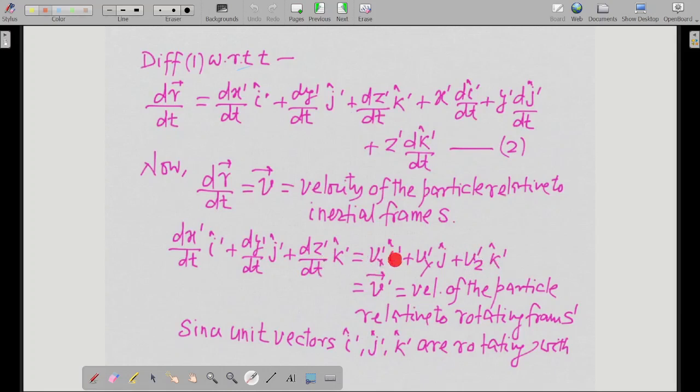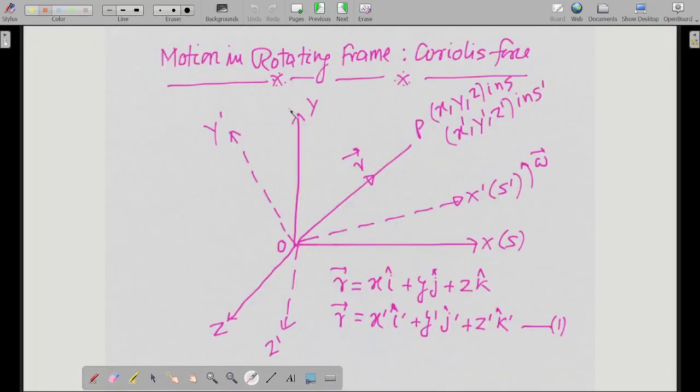Now vx prime i cap, vy prime j cap and vz prime k cap together make the v prime vector, that is, the velocity of the particle relative to the rotating frame S prime. You can clearly see this from the coordinates, because the coordinates here are x prime, y prime and z prime.